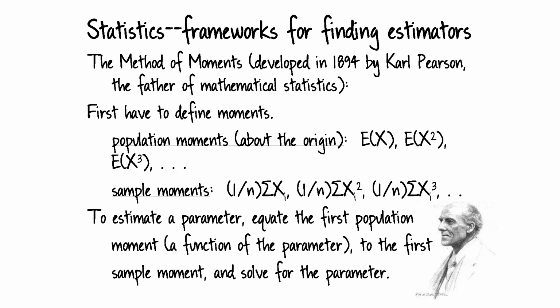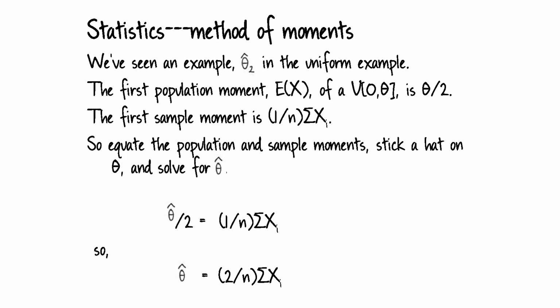So let's do a quick example, one we've already seen. The first population moment, the expectation of x, of a uniform 0 to theta is just theta over 2. The first sample moment is just 1 over n times the sum of the x's. We equate those two things.